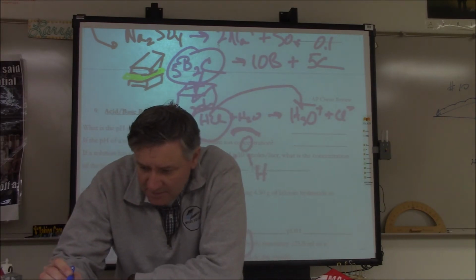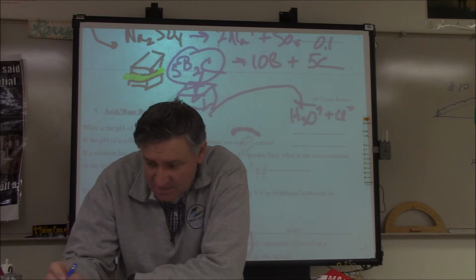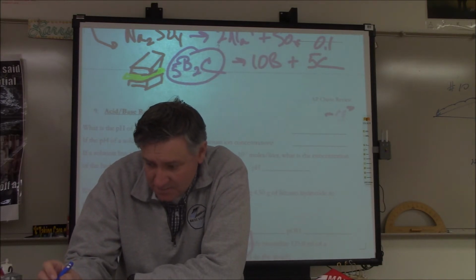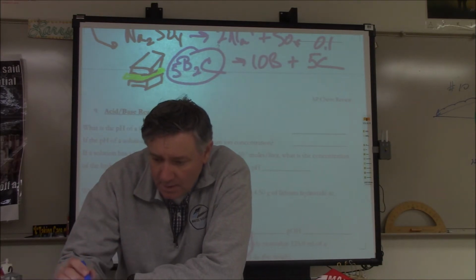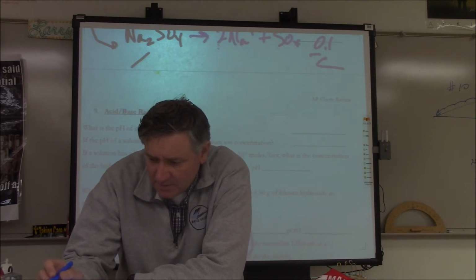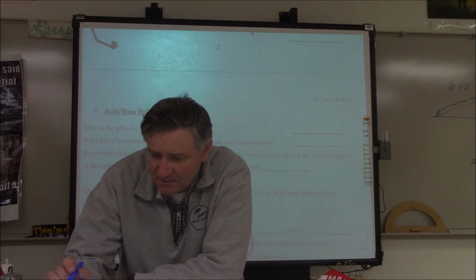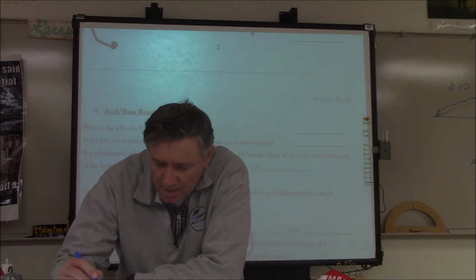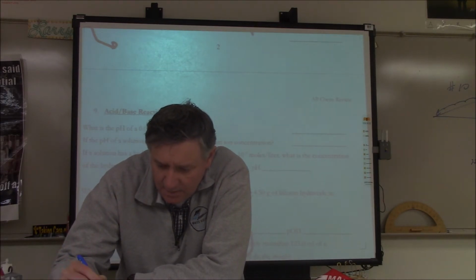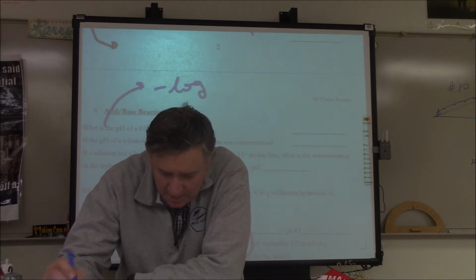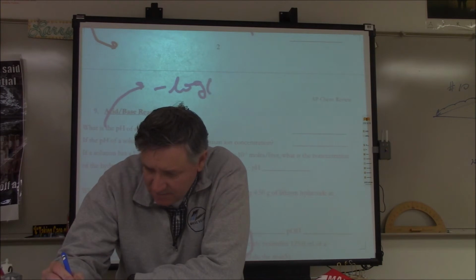So all you have to do, because this is a strong acid, on this one, let me get rid of my sandwiches. Never liked cheese sandwiches anyway. So on this one, on number 9, all you have to do is take the negative log of whatever that concentration is, 0.015.